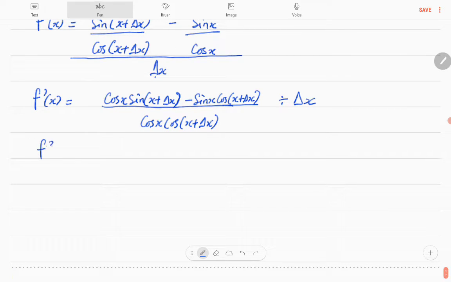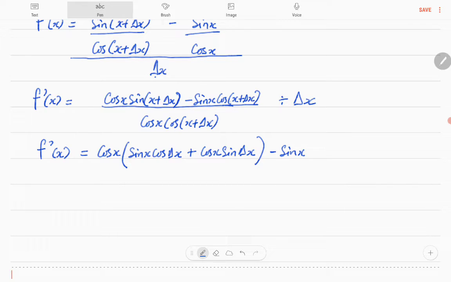So from here we'll have f prime of x is equal to, now again from the half angles, sin of x plus dx enclosed in brackets as sin x cos dx plus cos x sin dx, you put it in brackets, minus sin x. Here again we are going to use half angles.